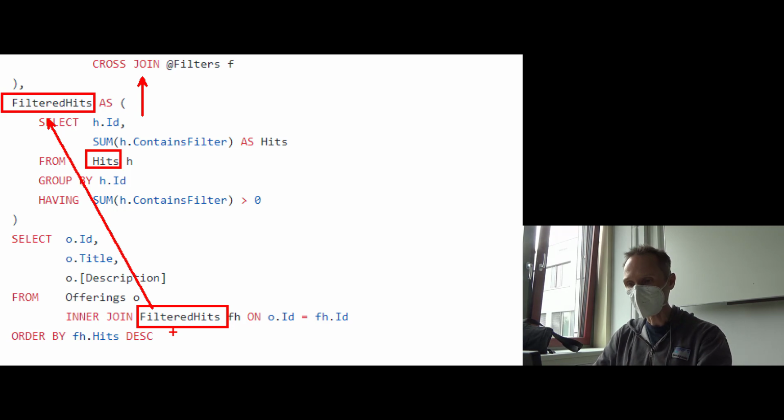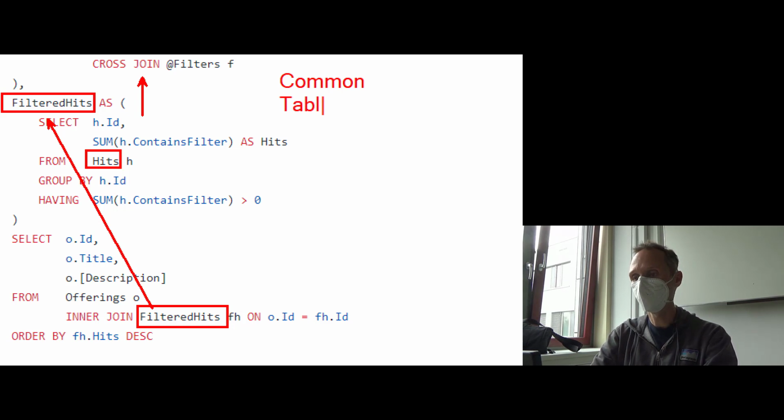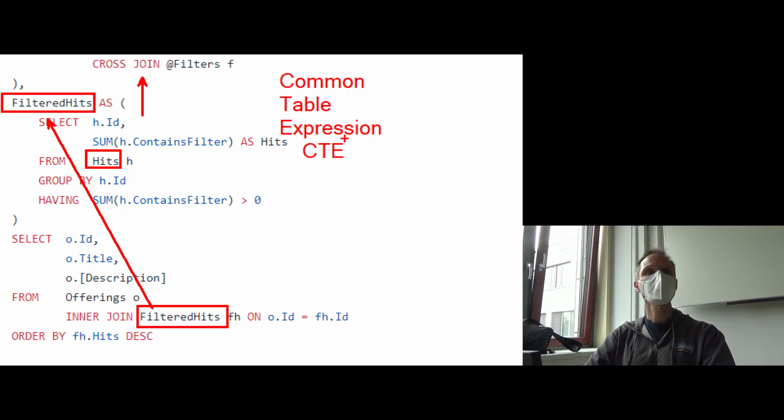Okay? The term for that is a common table expression, or in short, CTE. If you want a Google search term, Google for common table expression, CTE, and you will find lots and lots of interesting results.